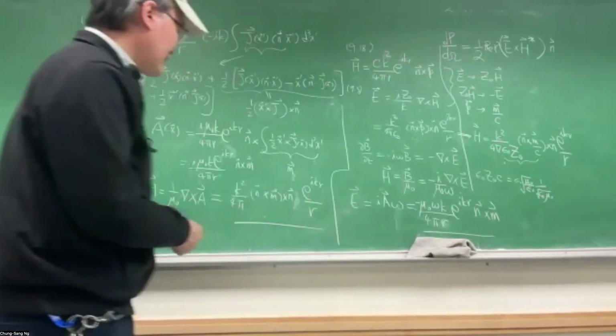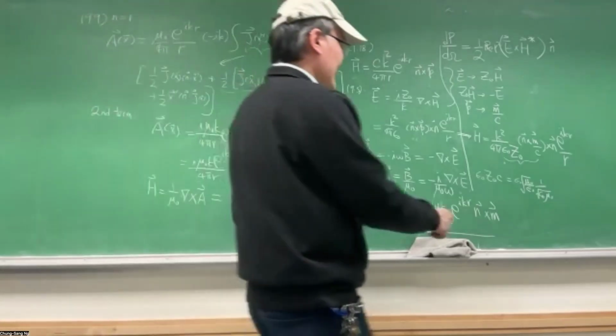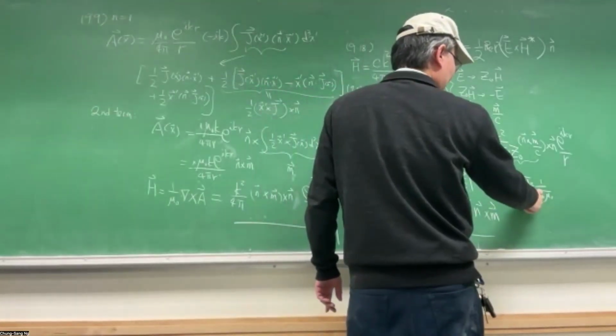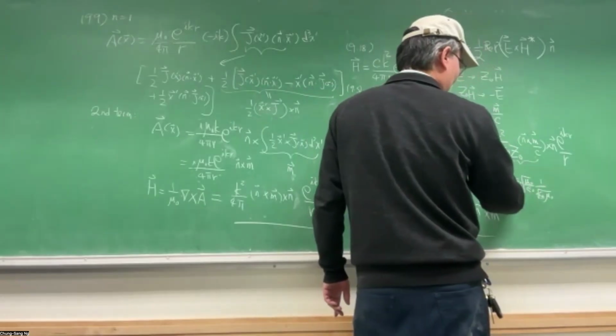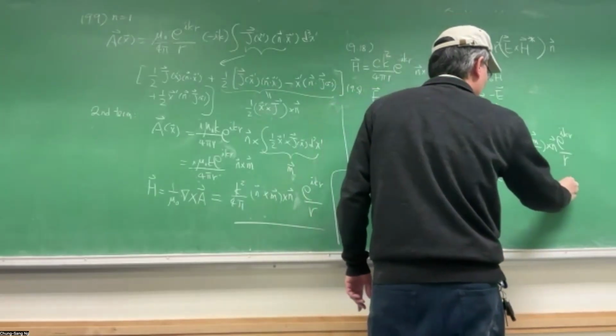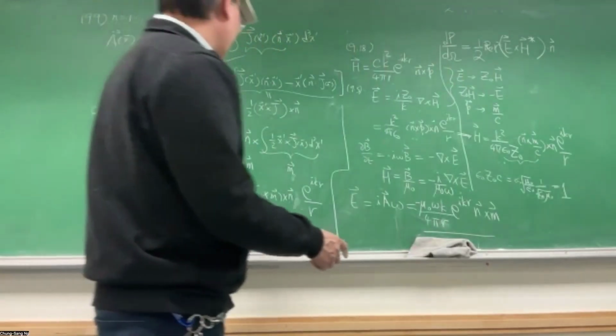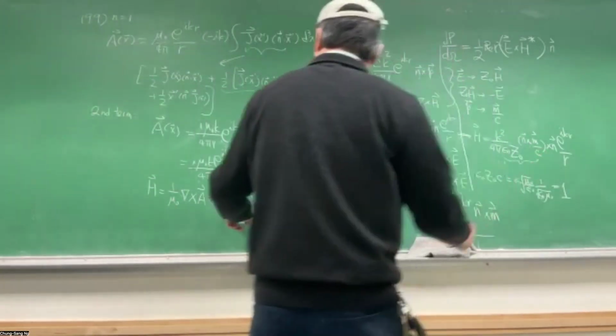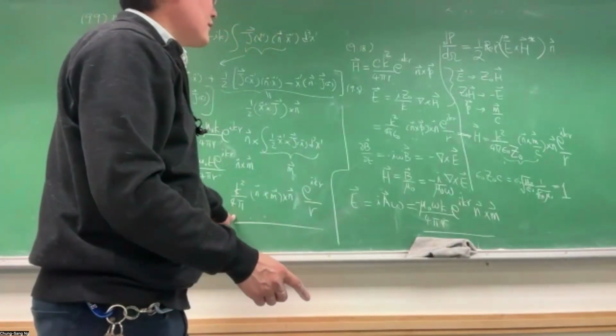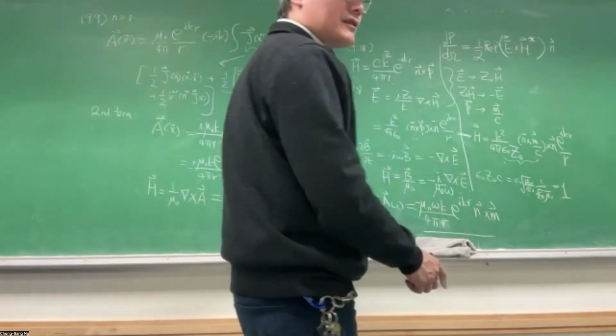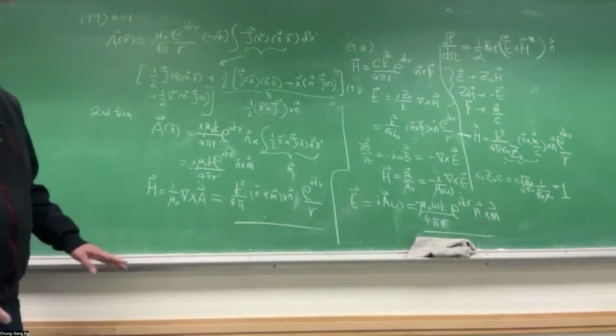They actually cancel, everything becomes 1, right? This, this and that is epsilon 0. This cancels, this is 1. Okay, so all this becomes 1. The rest is k squared over 4 pi. And the rest is just this one, right?